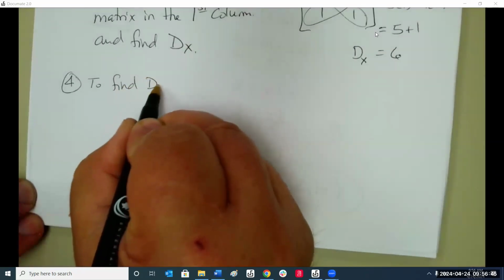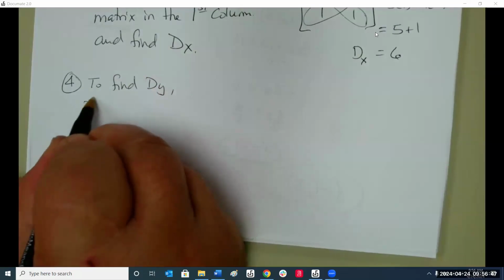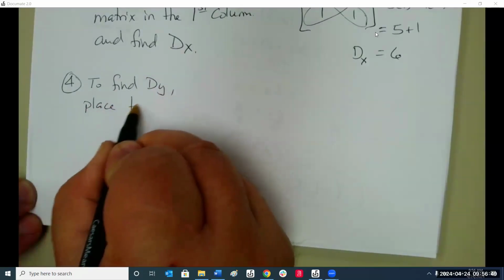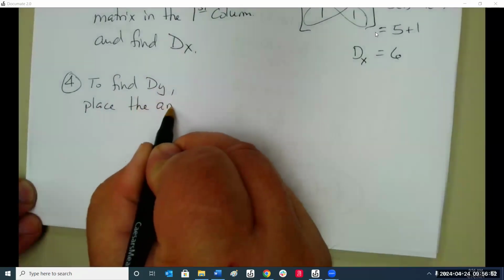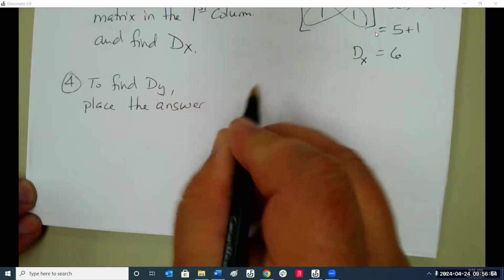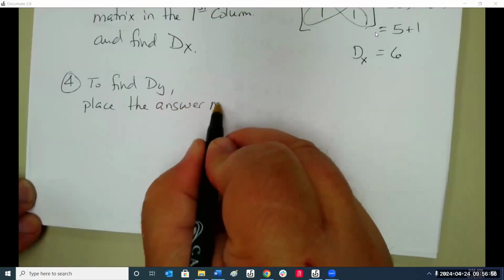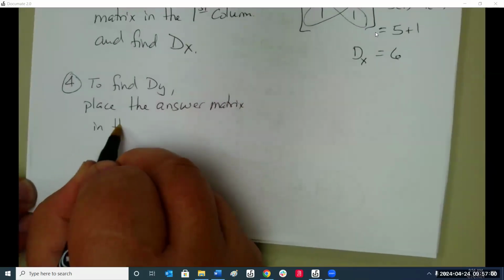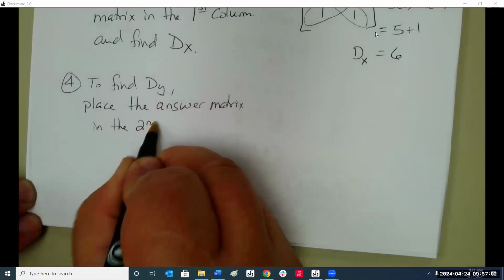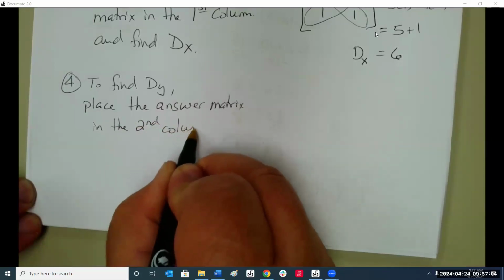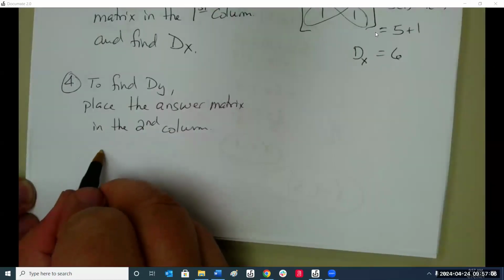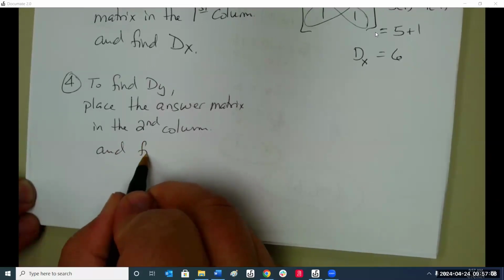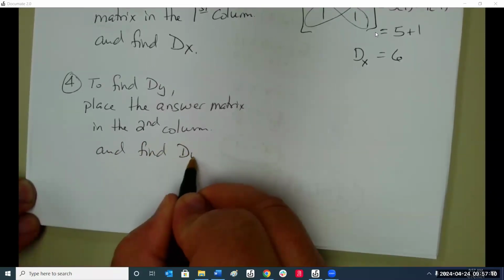To find dy, place the answer column, answer matrix, in the second column. And find dy.